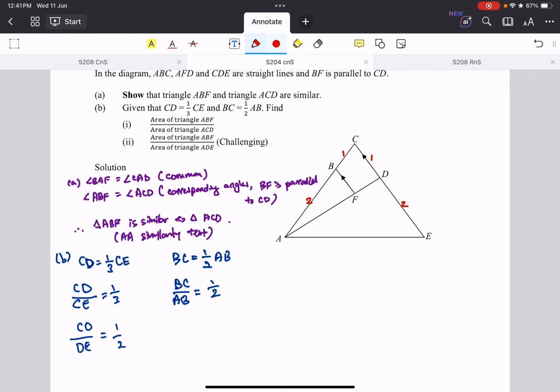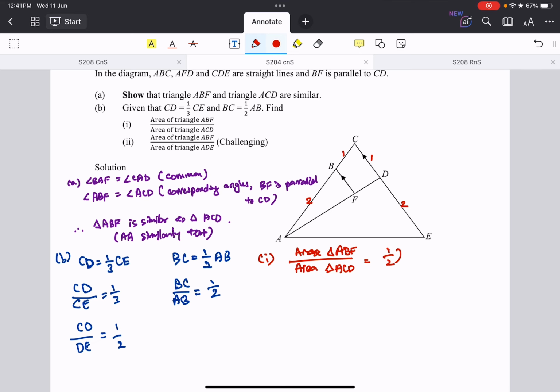With this ratio in place, we can now try to answer the question. First of all, we want to find the area of ABF to ACD. Area of triangle ABF over area of triangle ACD is going to be 1/2.